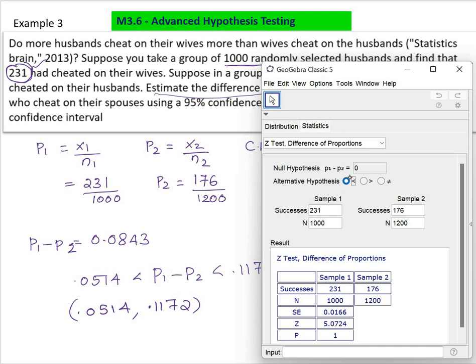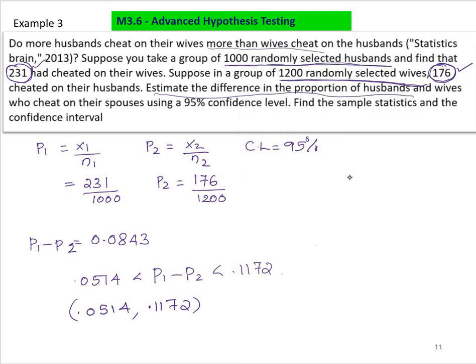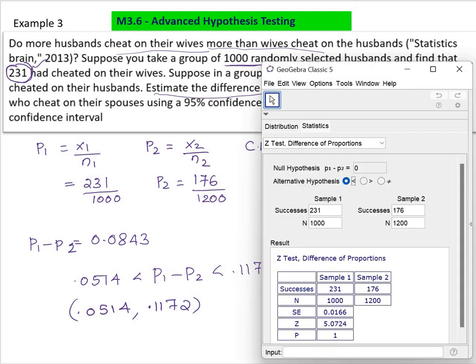P1 equal to P2. And the alternate hypothesis should be P1 greater than P2, because it is given that husbands cheat on their wives more than the wives cheat. So in that case you have to take greater than. So it is a right tail test. And again, give these values here: the 231 successes out of 1000, and the second one 176 successes out of 1200.